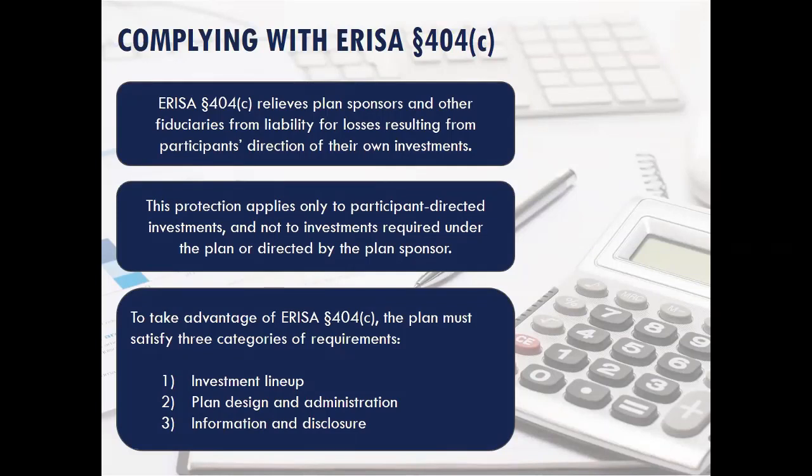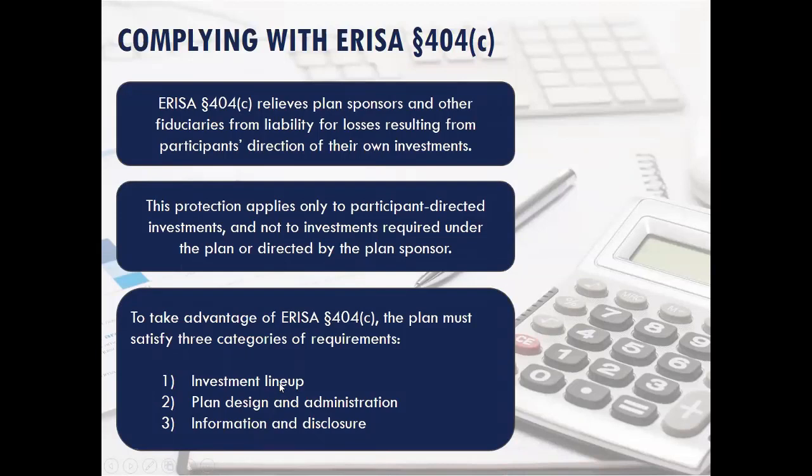But there are several things you have to put in place in order for you to qualify for that safe harbor. For one thing, it applies only to participant-directed investments and not to any other investments that might be required by the plan sponsor, and we'll talk a little more about that in a moment. To take advantage of it, though, your plan has to satisfy these three requirements. These are the keys.